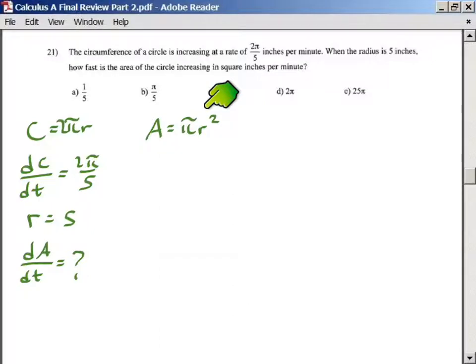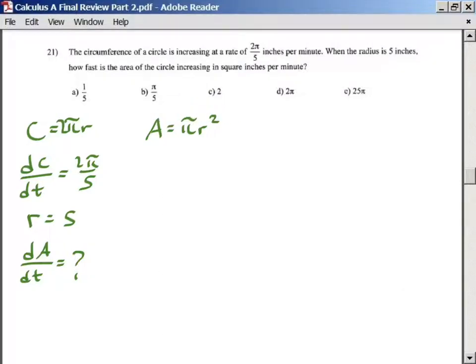Alright, there's different ways to do this. What I'm going to do is try to think like a student would and how they would approach this. The first thing I would do is say, okay, I need an equation with a dA over dt, and this is where we're going to start because I see an A right here.